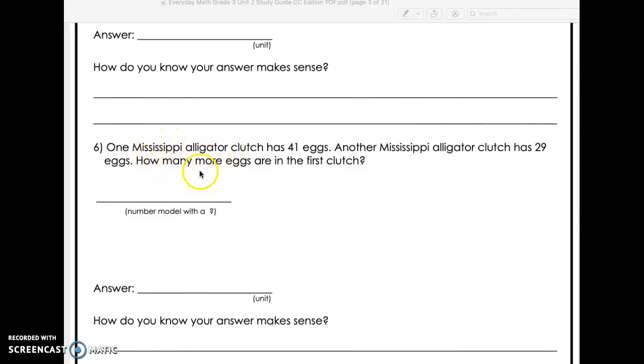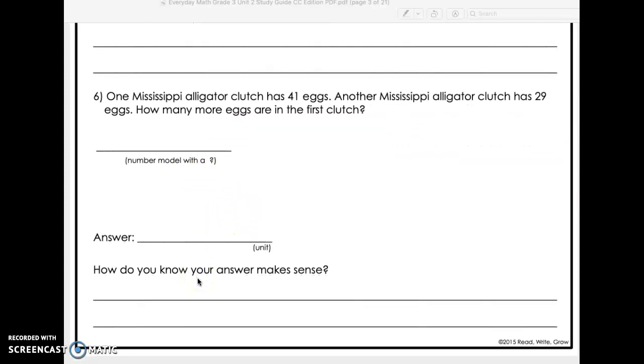When you see the words, how many more, those are clue words that you are subtracting. A lot of people think you're adding, but you are subtracting. So you are going to take 41 minus 29 equals question mark.